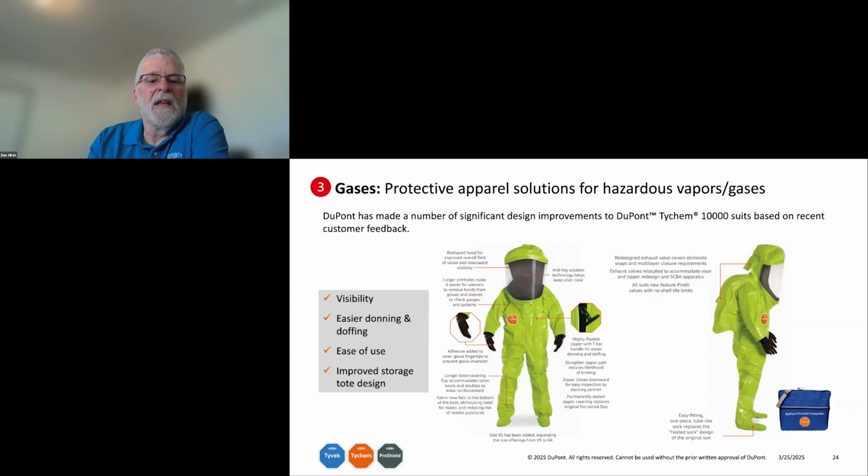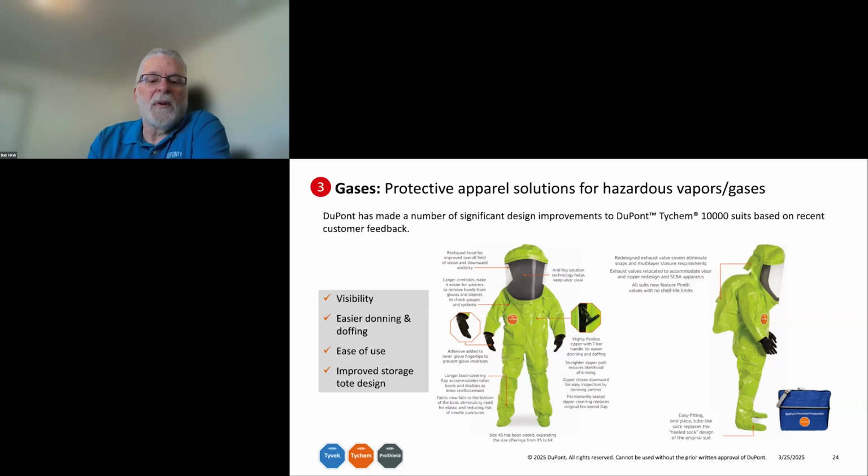On the gloves, they're a dual layer glove that we've actually added a small drop of adhesive to the inside glove so that no longer will you get glove reversal, which can be a real difficulty to deal with. If you do have to remove your hand from that glove while you're in a hot zone, the inner glove is going to remain intact and fully functional.